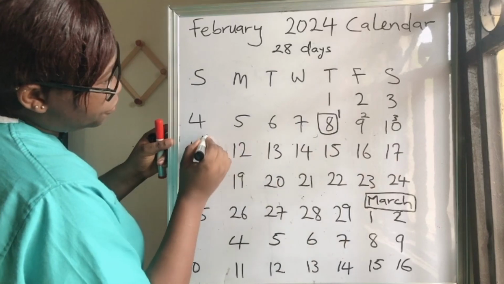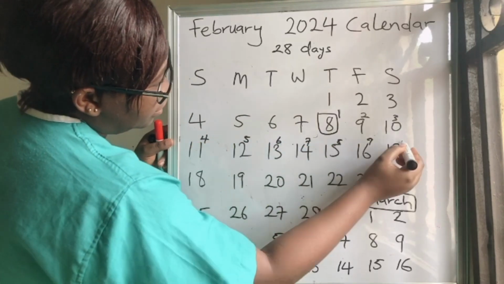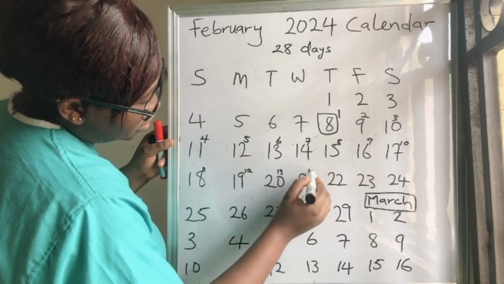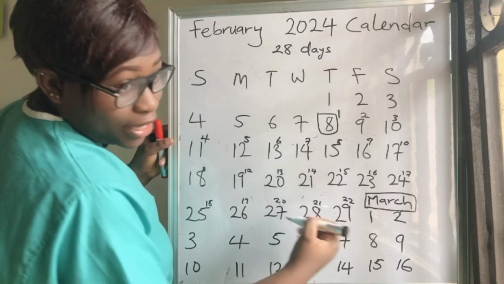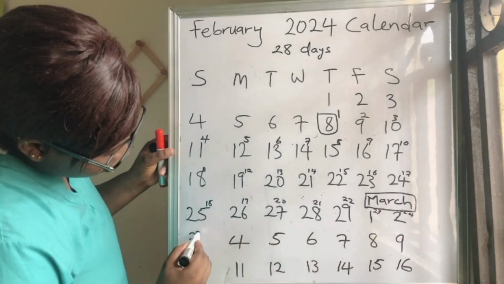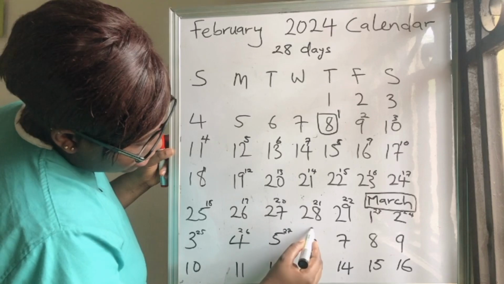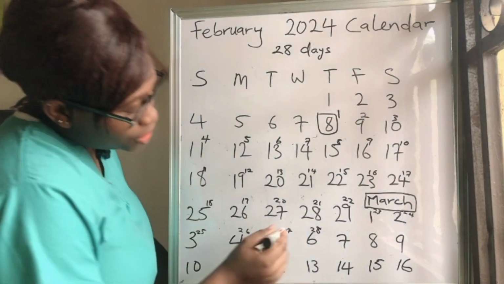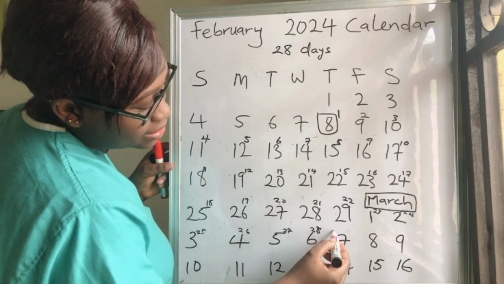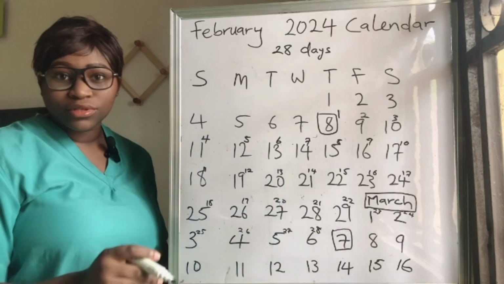Day 3, day 4, day 5, day 6, 7. Enter March. 25, 26, 27, 28. We said her cycle length is 28 days, which means she got her next period on the 7th of March.